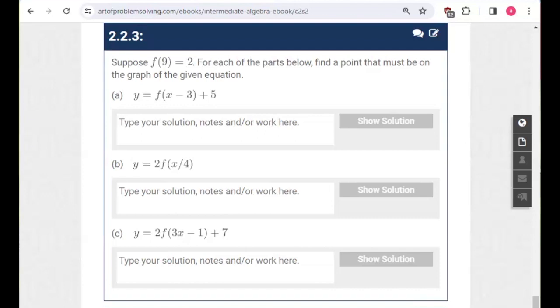So instead, what do you do? Multiply by 4. Correct. And what about your Y value? You multiply by 2. So what's your new point? 36, 4. Agreed.